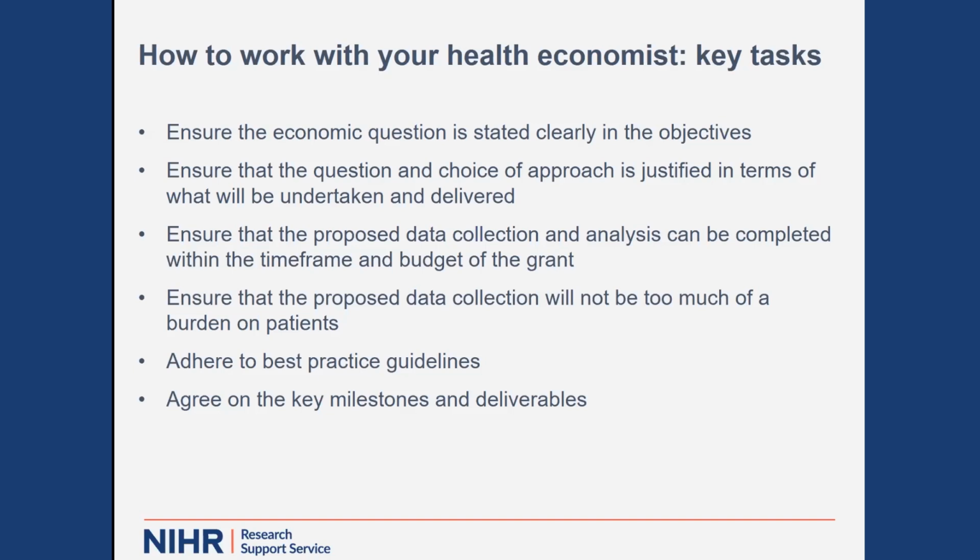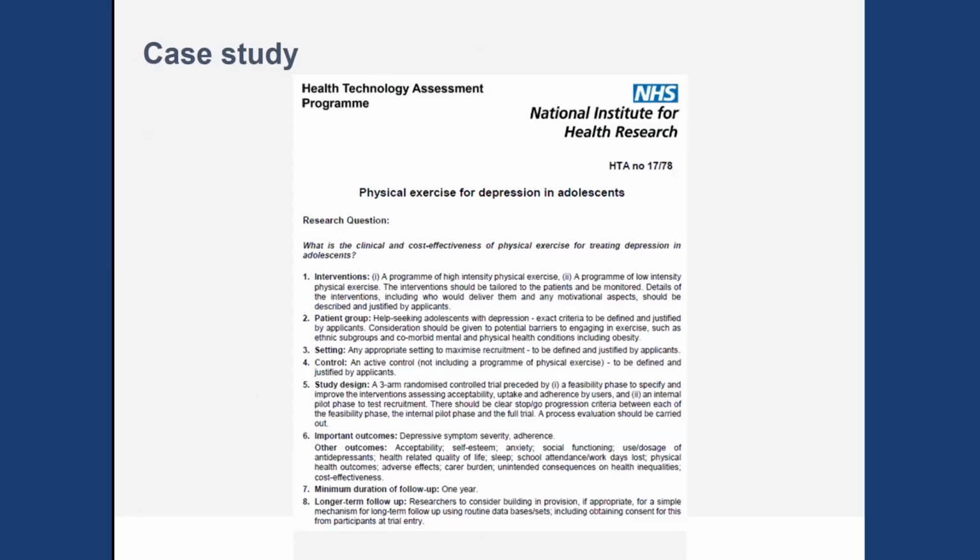So thinking about the case study that Natalia introduced, this was a HTA call for applications to evaluate the clinical and cost effectiveness of physical exercise for treating depression in adolescents. And this call required applicants to submit plans for a 3-arm randomized controlled trial to evaluate high and low intensity physical exercise, compared to no exercise.